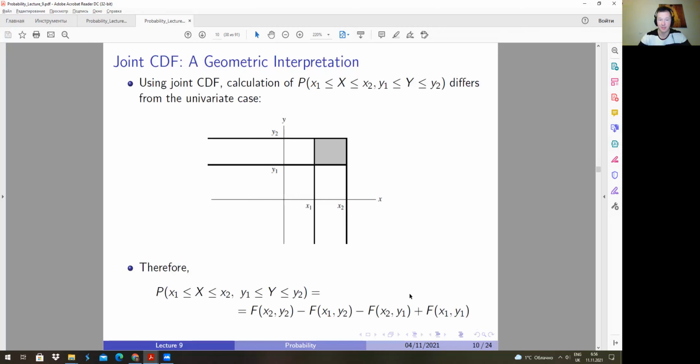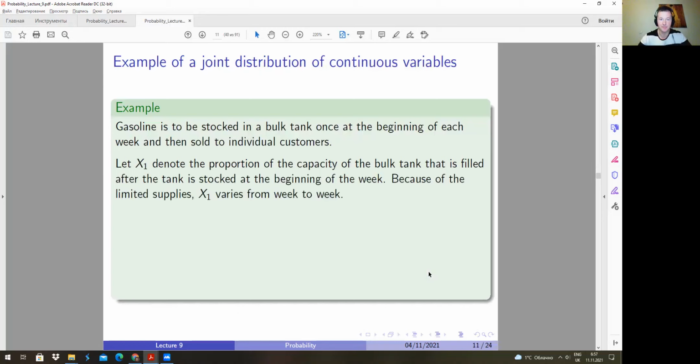For example, when we calculate the joint probability of one variable being within an interval and another being within an interval, we need to do this kind of long calculation, not just one function minus another function, but rather something is minus, something is plus. I hope that you've got the idea how it is calculated.